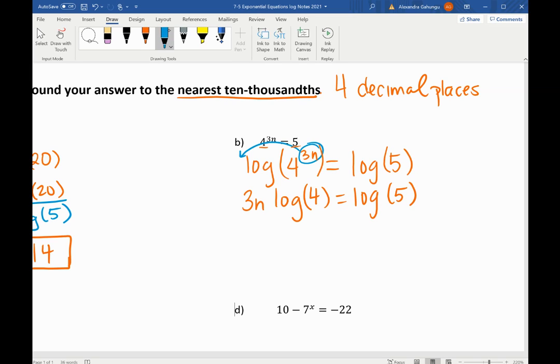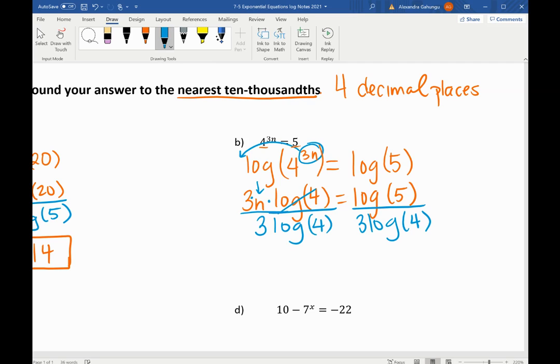And then the whole thing, 3n, is being multiplied. So to undo that multiplication, I divide by log 4. And here's the fun part. It's actually also being multiplied, like 3 times n times the log of 4. And what I really want to get by itself is the n. So to get n by itself, I divide by log of 4 and the 3.